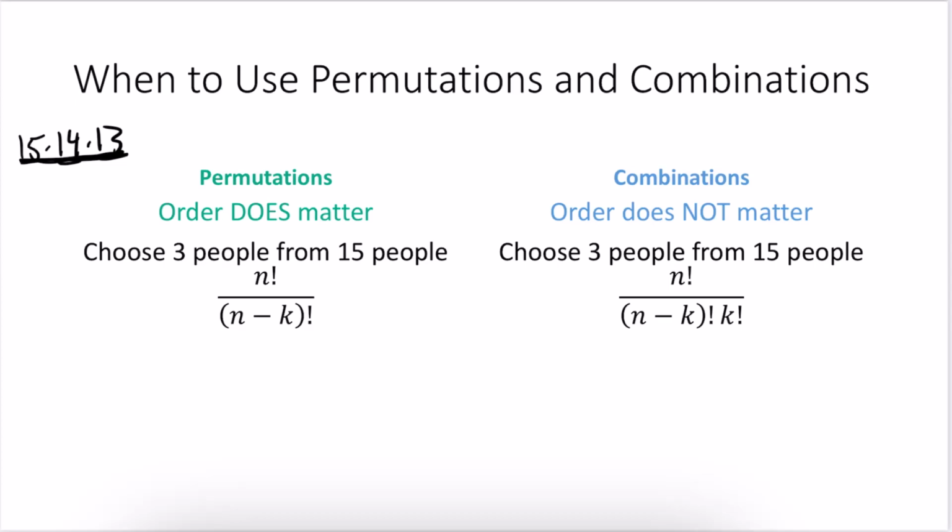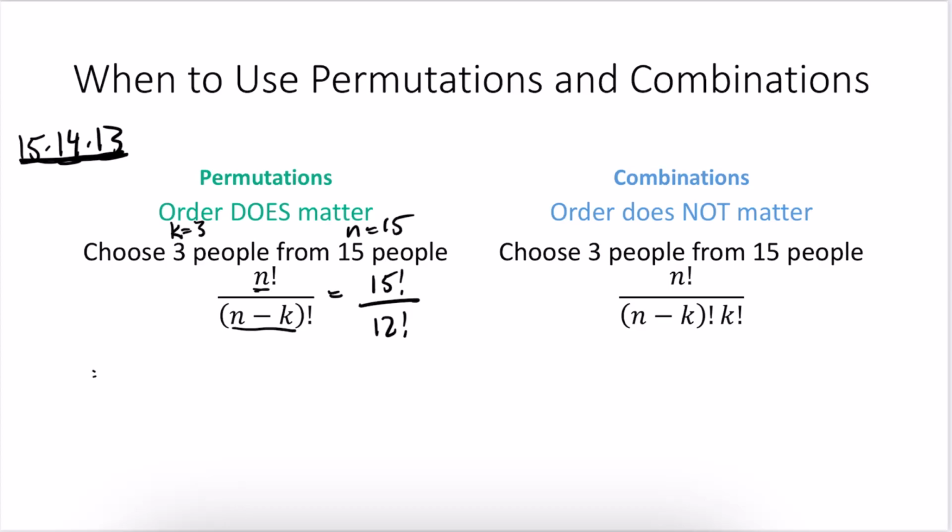In the formula, k represents the number of things you're choosing from n options. So in this case, k would equal 3 and n would equal 15. If we write out this calculation based on the formula, we're doing 15 factorial divided by 12 factorial, because n is 15 and n minus k, or 15 minus 3, gives us 12.